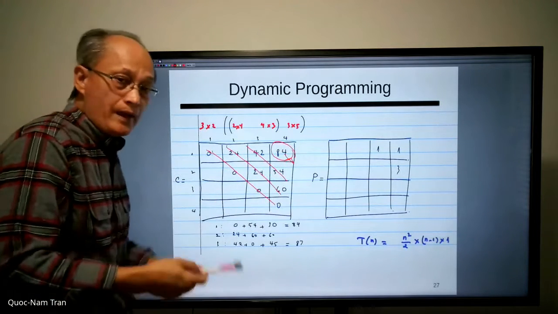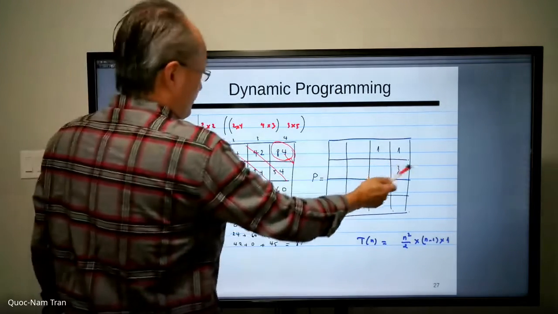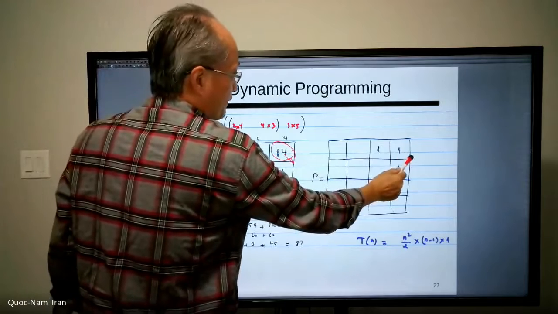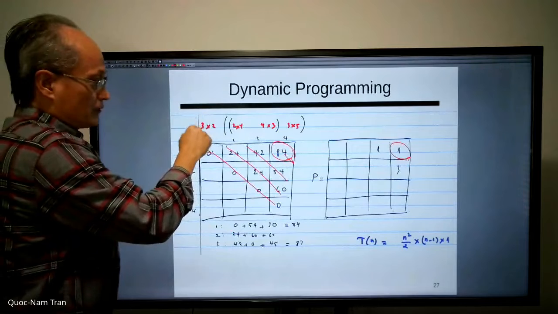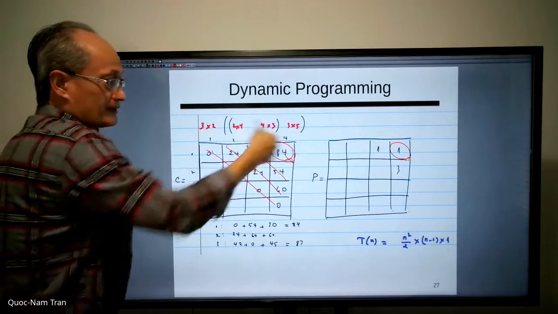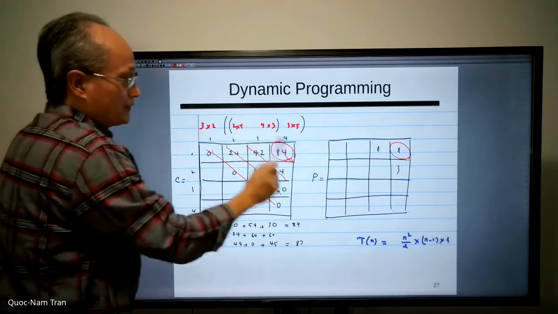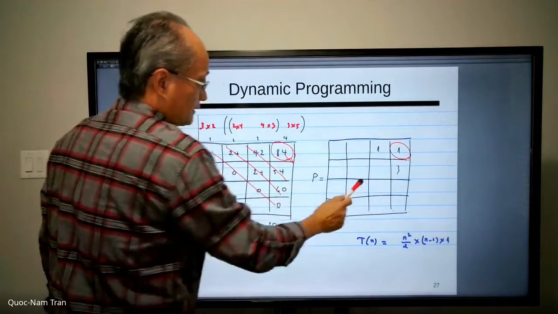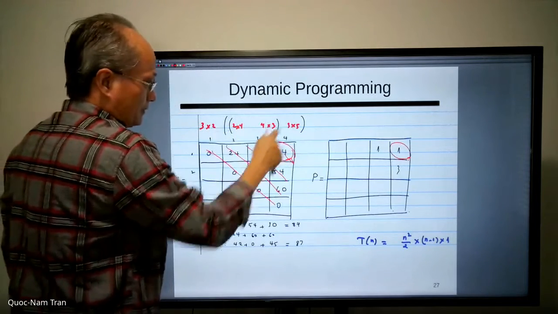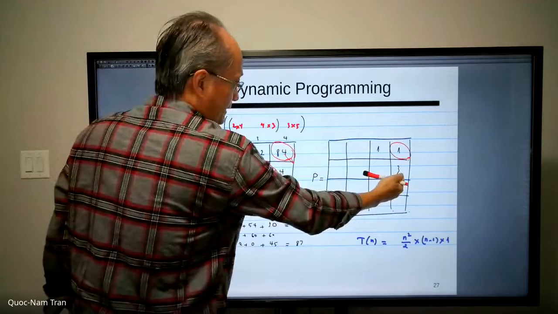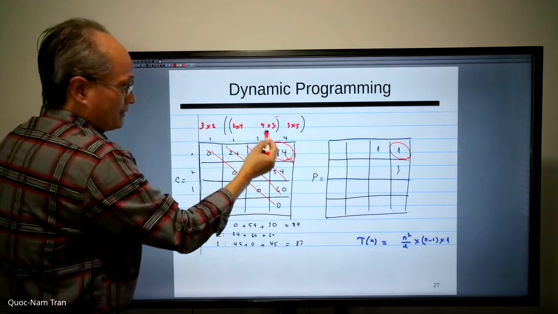And the way we multiply the matrices is, from 1 to 4, we first partition at 1. So we partition at 1, multiply the last 3 together. So 2 to 4, we break it at 3, meaning that we break it here.